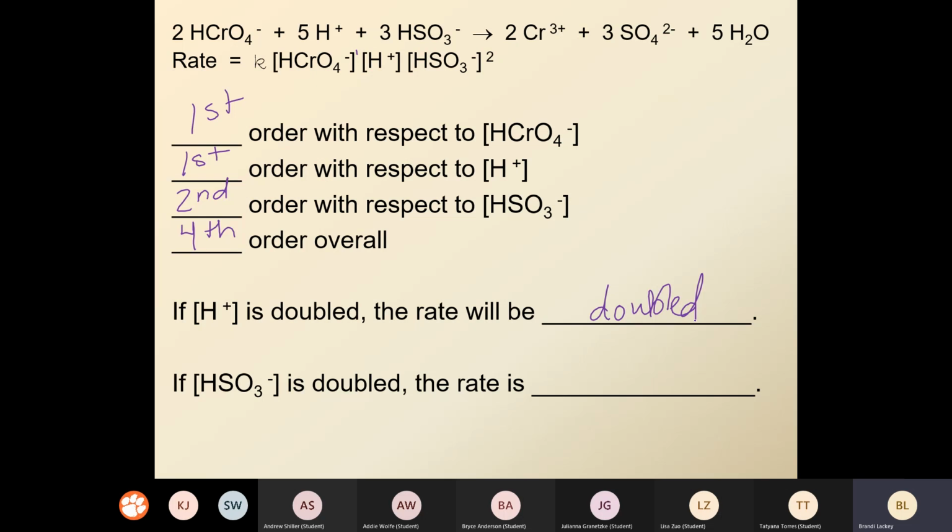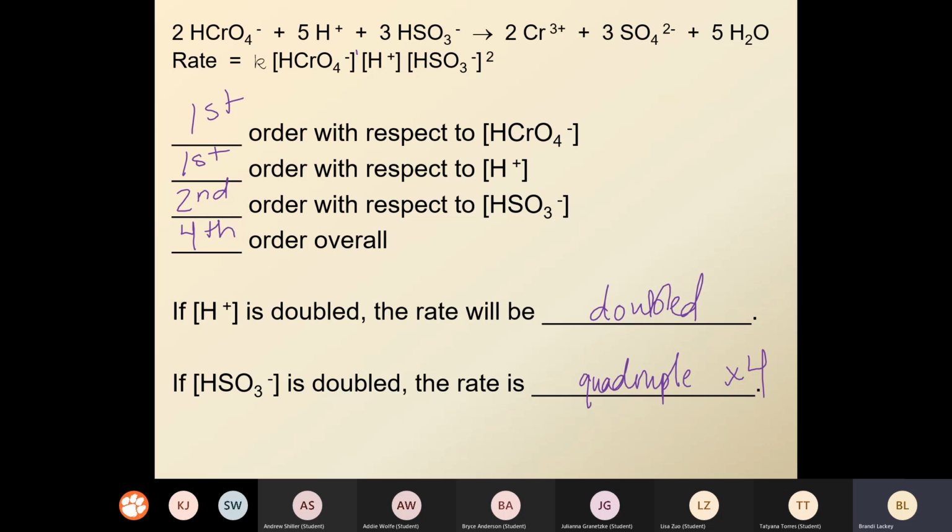If you multiply by 2, it's still 2 to that second power, so this will actually quadruple, multiply by 4, because you're multiplying by 2 but it still has that square on it. If it was multiplying by 3, it would multiply by 3 squared and multiply by 9. And remember, if it's 0 order, it's not going to change. 0 order doesn't reflect the rate of reaction.